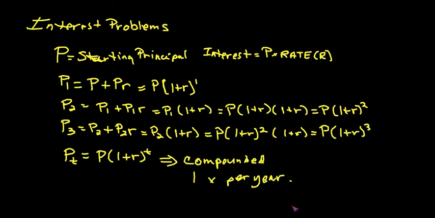And then we can actually take this up another level, because obviously some options are going to start occurring where it's going to happen more than once. So we could compound quarterly, we could compound monthly, we could compound daily, and so it's actually going to build off of this equation. So let's set that one up.